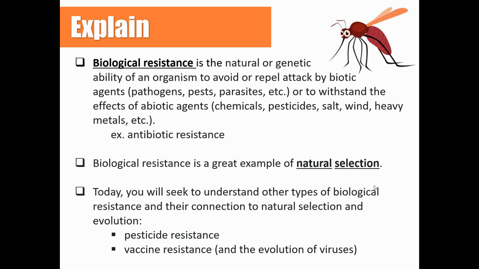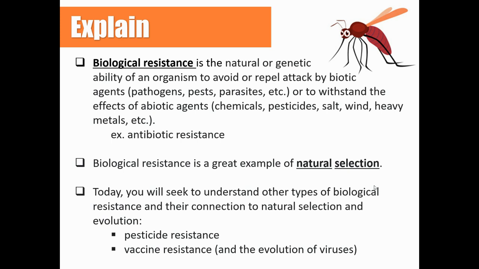In class, we're going to do a worksheet where we look at a pesticide called DDT that is obviously no longer effective because the pest became resistant through a mutation. The pest became resistant to that particular pesticide, and so, of course, new pesticides had to be developed as a result.